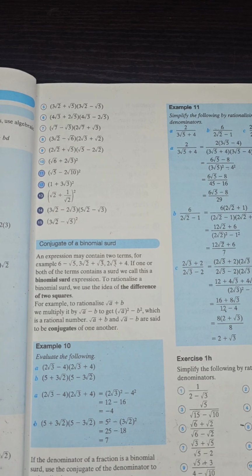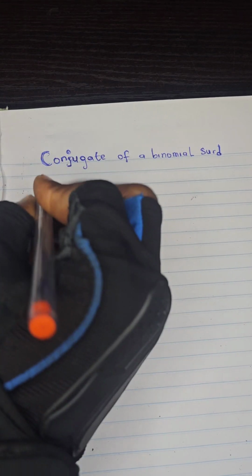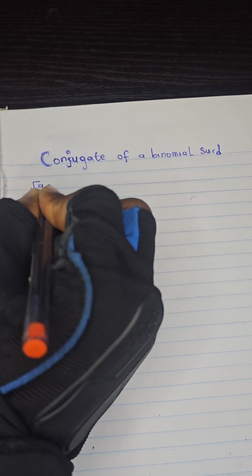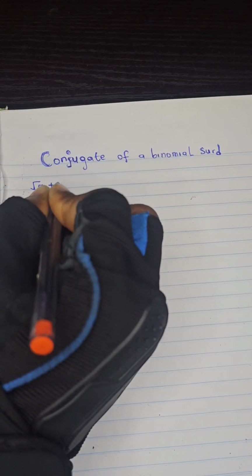So let me explain this. Now, we are dealing with the conjugate of a binomial surd. You can see from what we read from the textbook, we are given something like root a plus b.